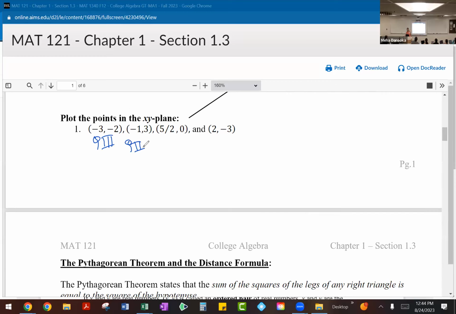Because your right coordinate is 0, right? It's not going to be a problem. Which axis? X-axis. And the 2 negative.